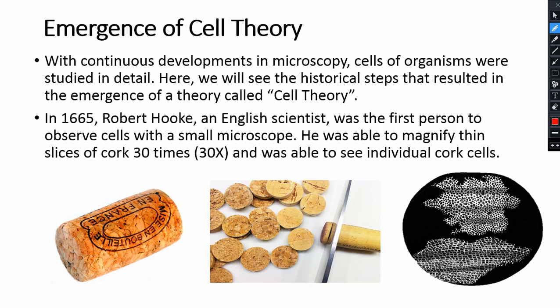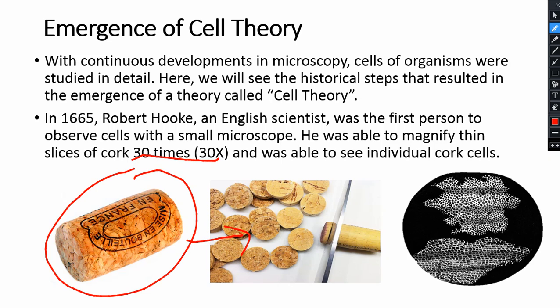Okay, he was an English scientist, and he took a cork, which is like this, and made slices from it, and then he observed it with the microscope. Now the magnification power of the microscope he was using was 30 times.